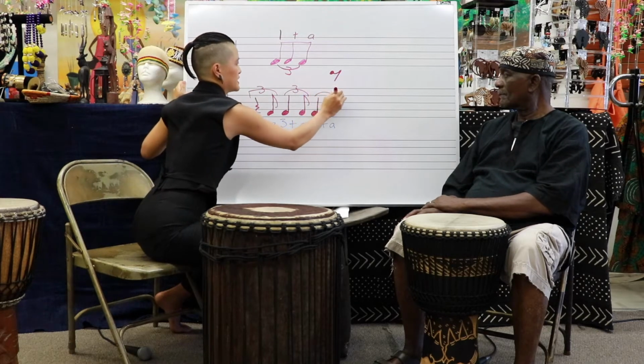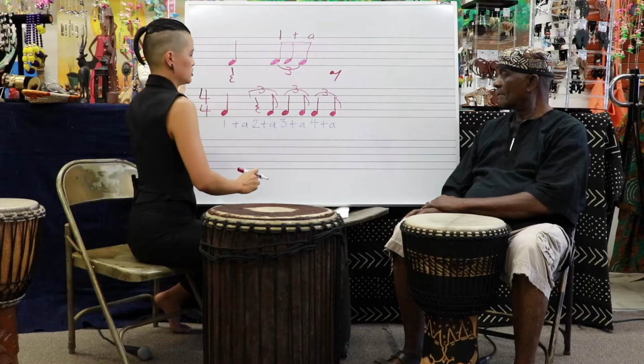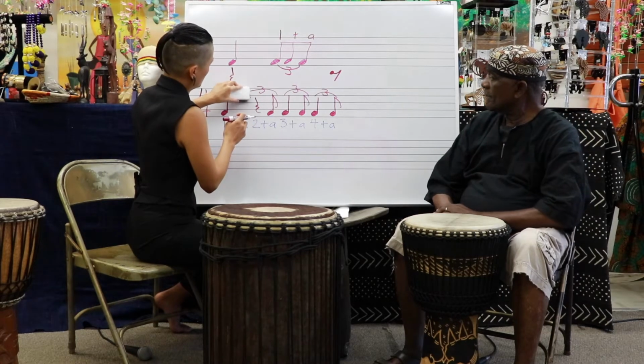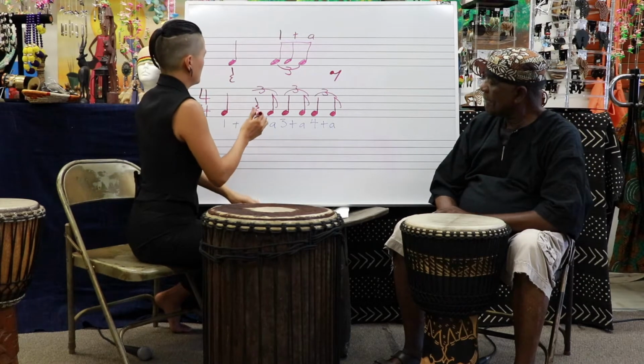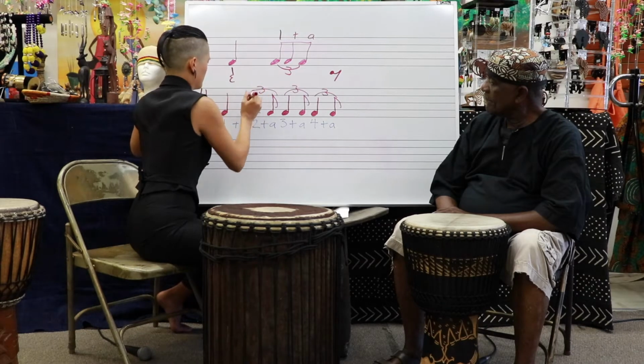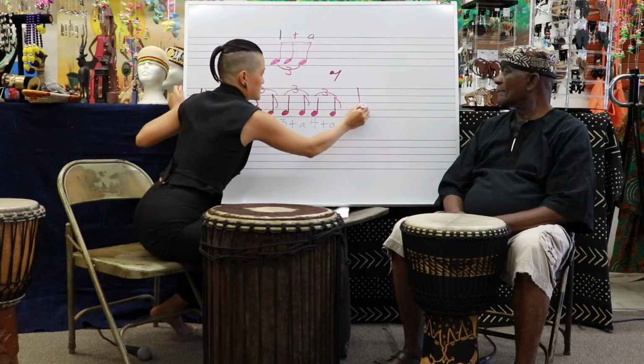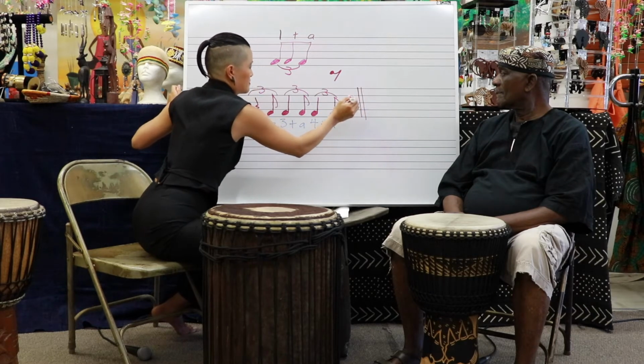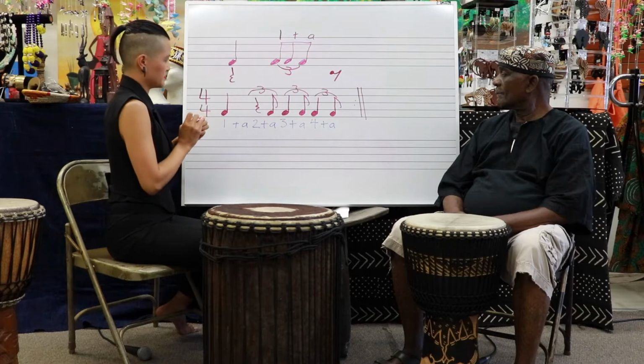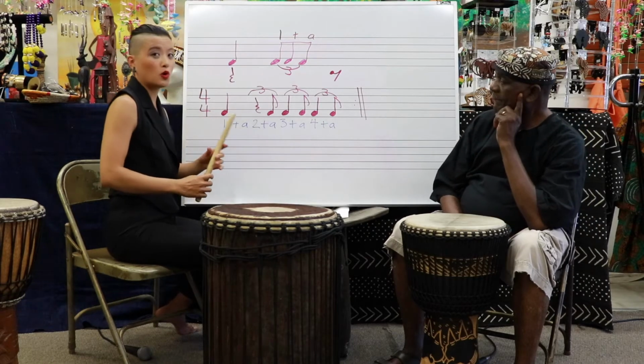And I have to tie these together and show that they're a triplet. Now this one looks a little funny. I'm going to make that look a little nicer for you. Okay, now it's more uniform. And this is going to repeat again and again.